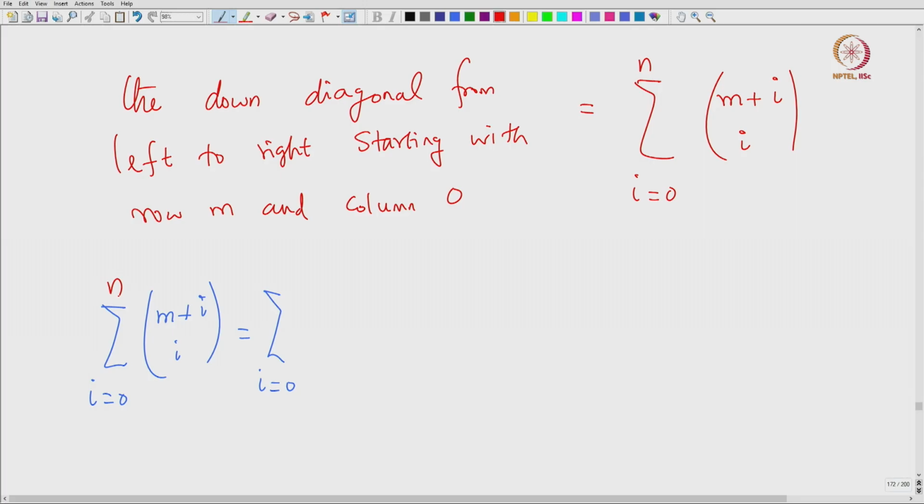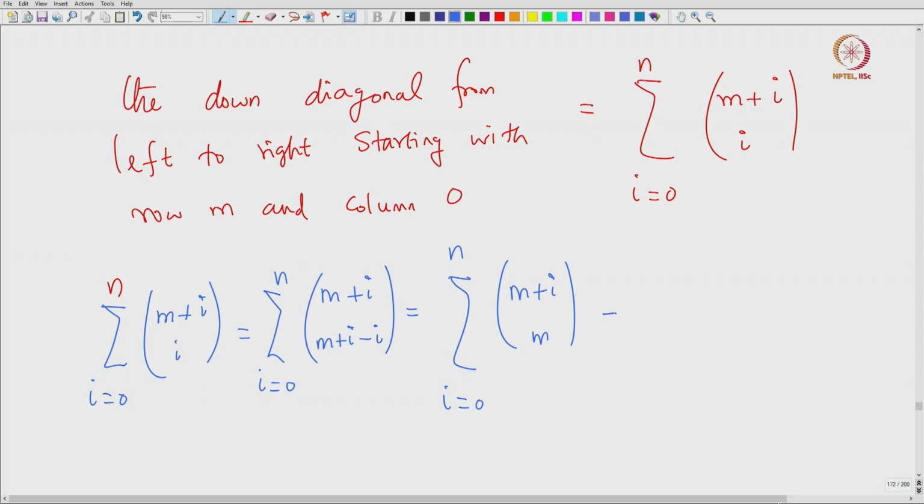Then we can see that the summation, I ranging from 0 to n, of m plus I choose I is exactly equal to the summation from 0 to n of m plus I choose m plus I minus I, which is exactly m plus I choose m, where I ranges from 0 to n.